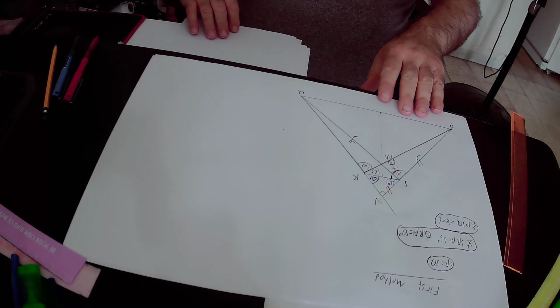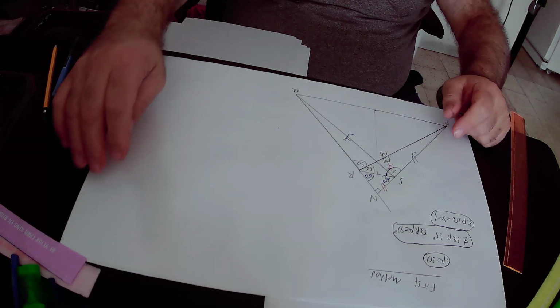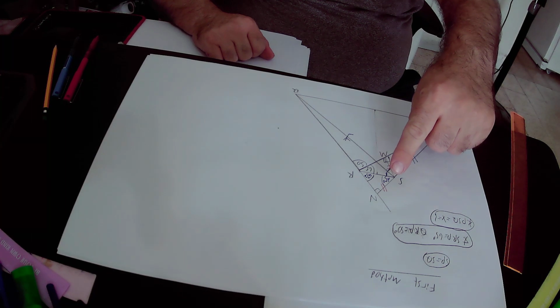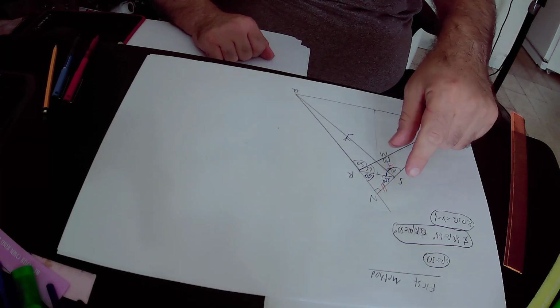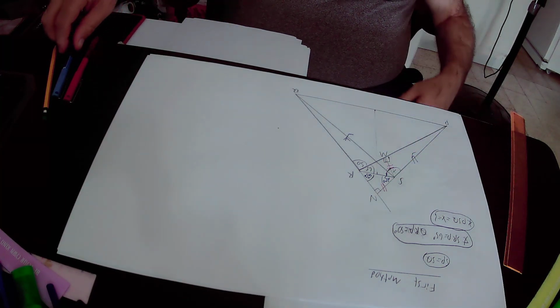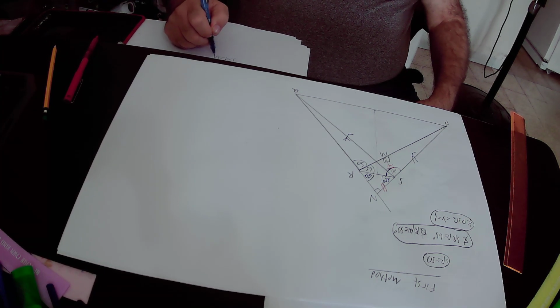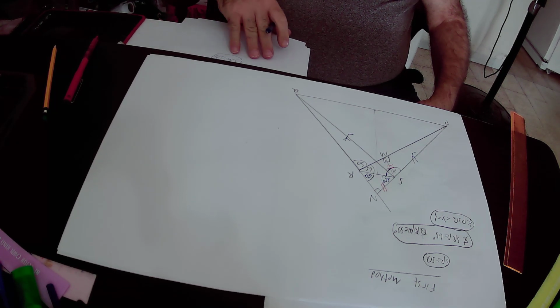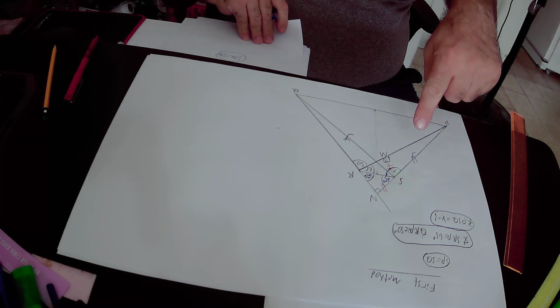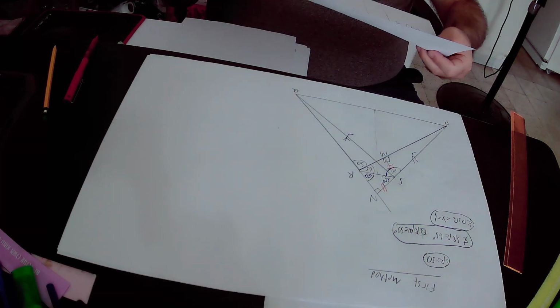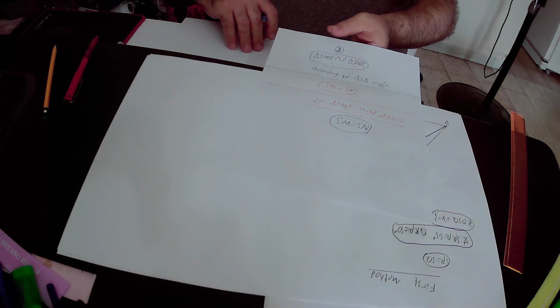First of all, we proved right now that SM equals SN. So we can write down that SM from triangle SMP equals SN from triangle SNQ. SM equals SN.